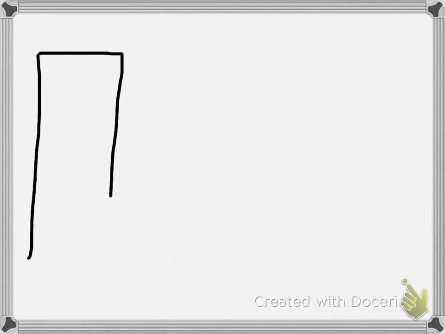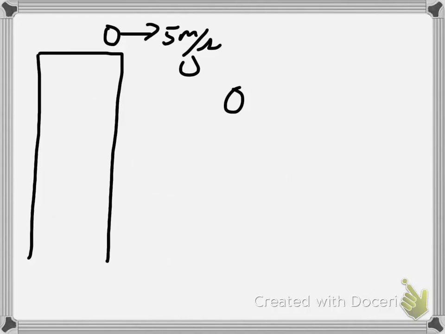Now if we look at something launched horizontally, so you have some sort of building or whatever it may be, a tower, and you've got an object being launched off the top of that, let's say 5 meters per second. Okay. As that object moves, its path would kind of look like this. So the horizontal velocity is constant.